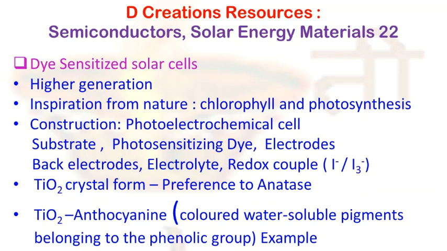So we know that how plants undergo photosynthesis, and chlorophyll is present in plant cells, and the cells basically make use of chlorophyll and photosynthesis occurs, and that essentially is the energy provider. So it was thought that why not use this same phenomenon, that means use dyes or natural pigments and harvest the solar energy.